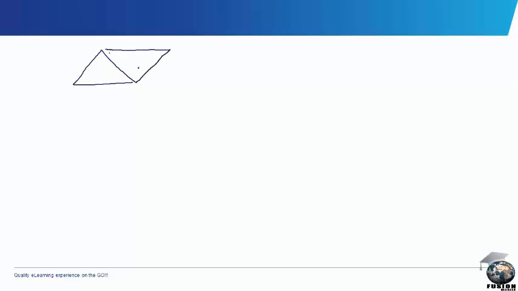Another triangle, and you have C, A, and then I have B, and A again, because remember these are two triangles joined together.